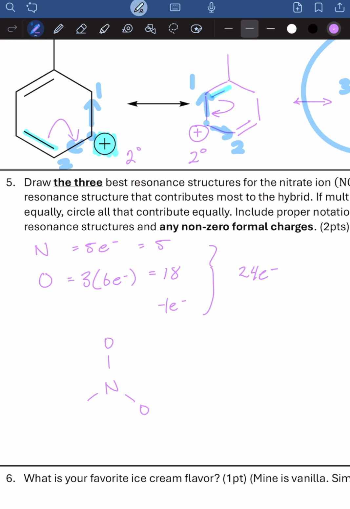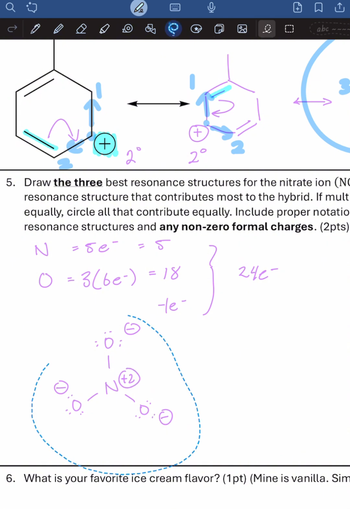The oxygens over here. Okay, and this was an answer in some of the questions that we've gotten, and this is actually not one of the best contributing resonance structures because of all the charges up here, and this nitrogen is going to have a +2 charge, which is very unfavorable.